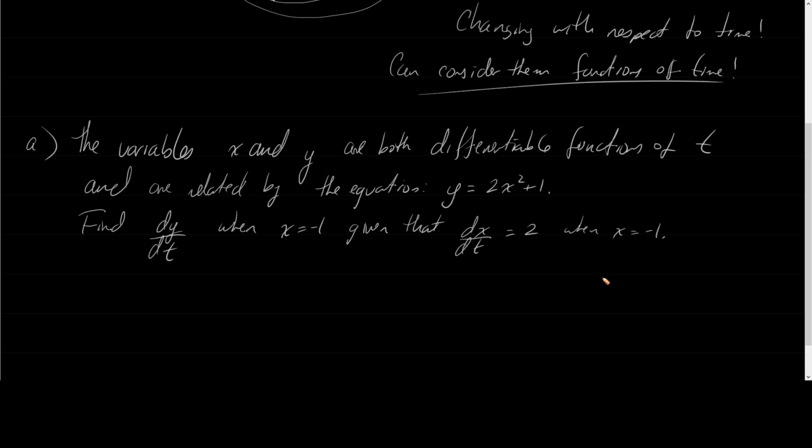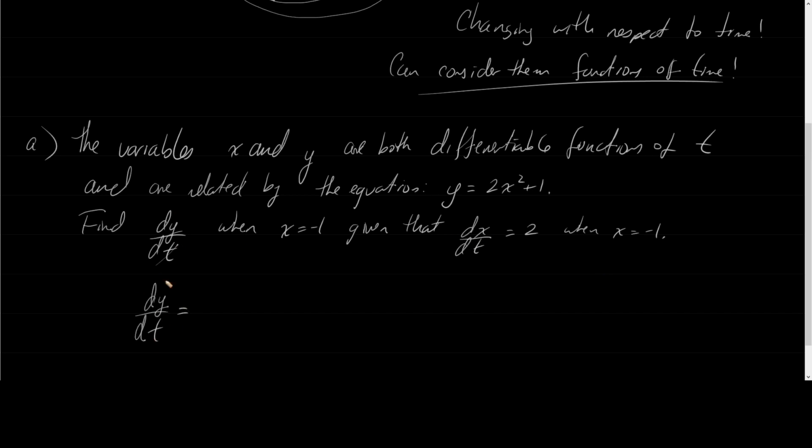So here, we have each of these variables y and x, where they're both functions of time, or excuse me, functions of t. In general, we like to use the variable t for time. So what do we have here? We're looking for dy/dt.